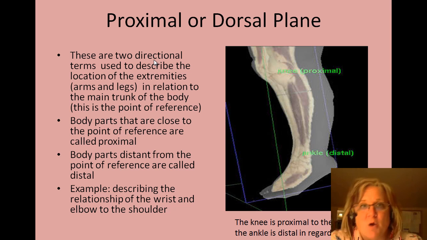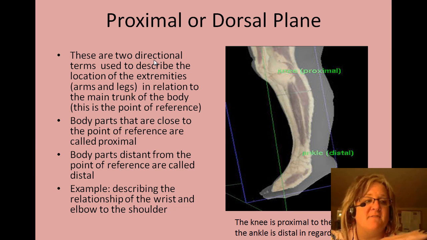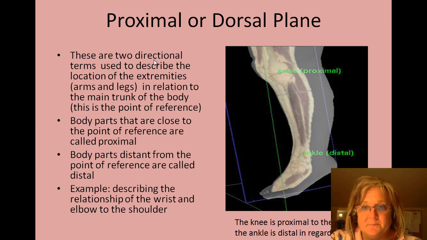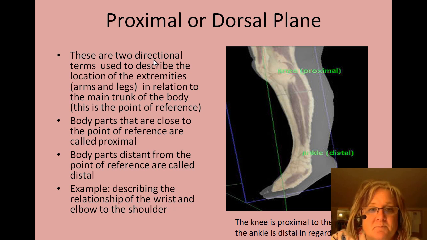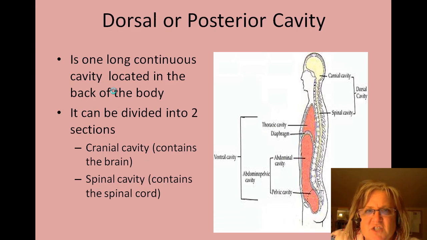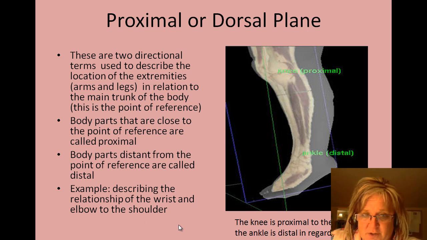So my elbow is proximal and my fingertips would be distal if I were to say that my body point of reference is the trunk. Describe the relationship of the wrist and the elbow to the shoulder.